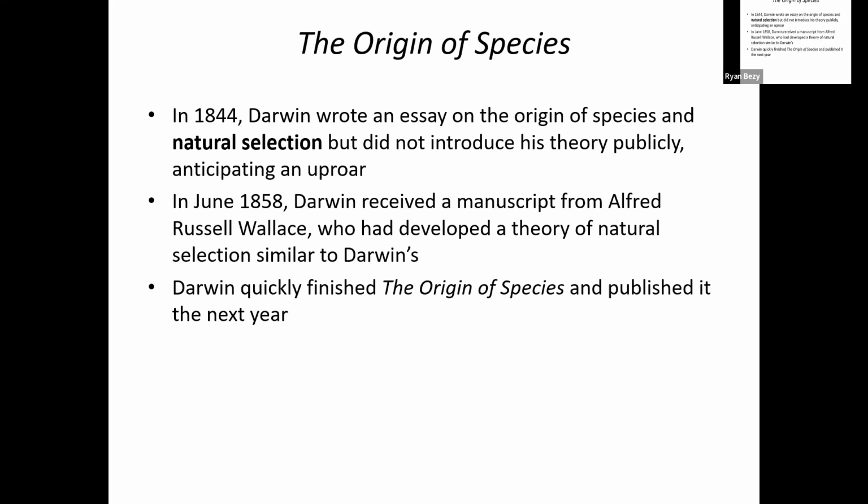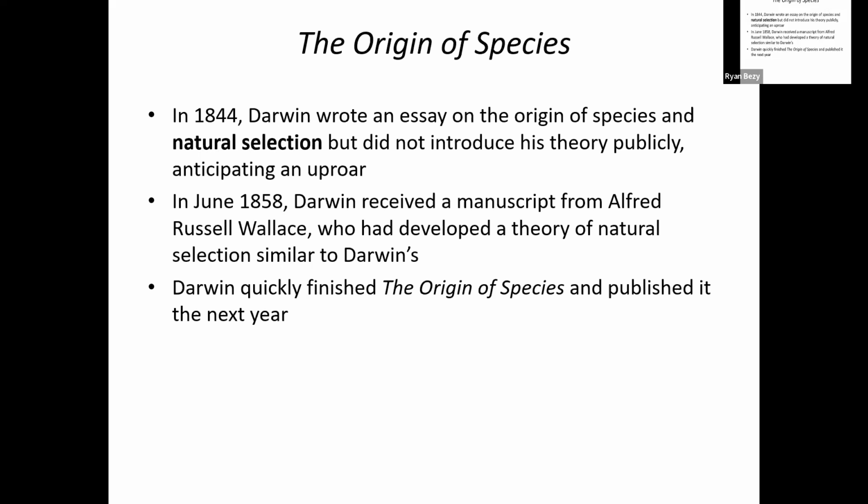The reason that you guys maybe don't know Wallace is that Darwin had connections and Wallace did not. Darwin was well established in his field at the time. He knew all the big players, networked with all the big players. Wallace was much, much younger and didn't have the pedigree and the background that Darwin did.